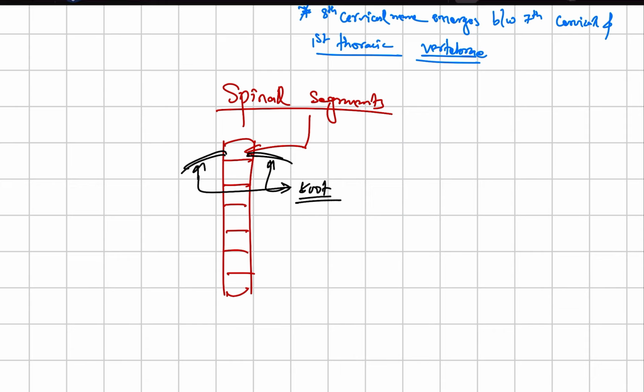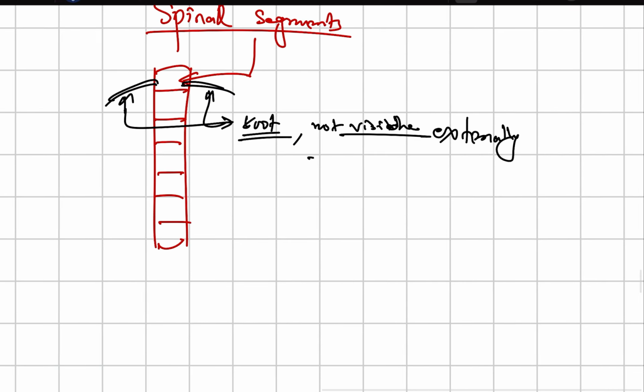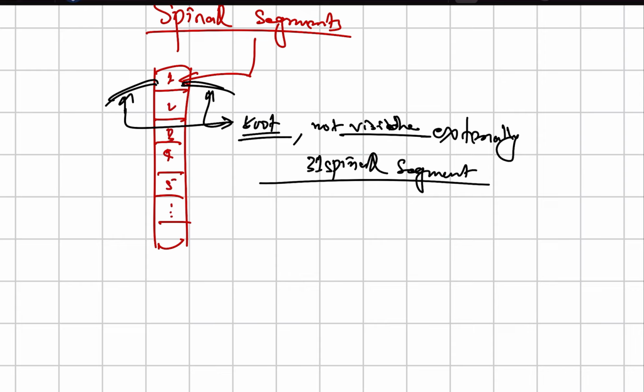When we look at the spinal segments, they are not visible externally, and there are 31 spinal segments. In this way, this is 1 segment, 2 segment, 3 segment, 4 segment, 5 segment, and so on, up to the 31st segment, and from there the roots leave in this way.